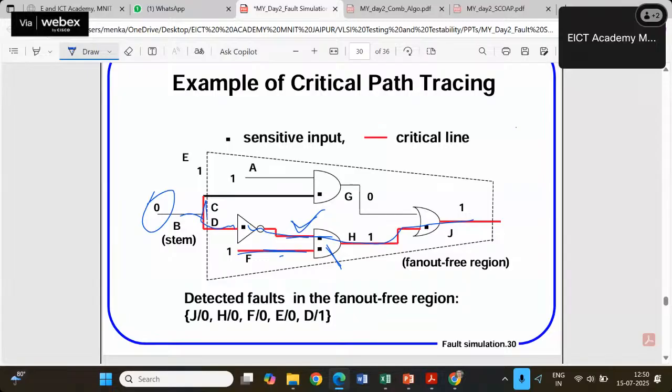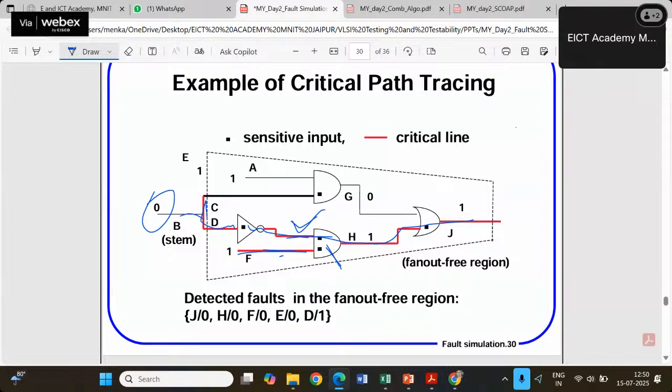E stuck at 0 means the output is coming. All these set of faults, this path is critical. Okay, sensitive inputs, and these are the critical lines.